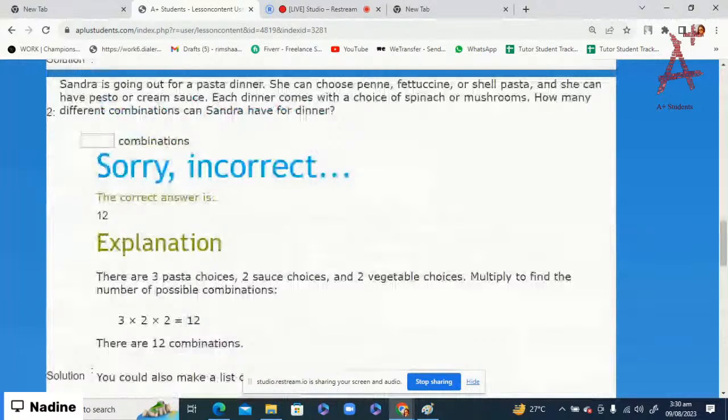Where is Sandra going out? Pasta dinner. She can choose penne, fettuccine, or shell pasta, and she can have pesto or cream sauce. Each dinner comes with a choice of spinach or mushrooms. How many different combinations can Sandra have for dinner?